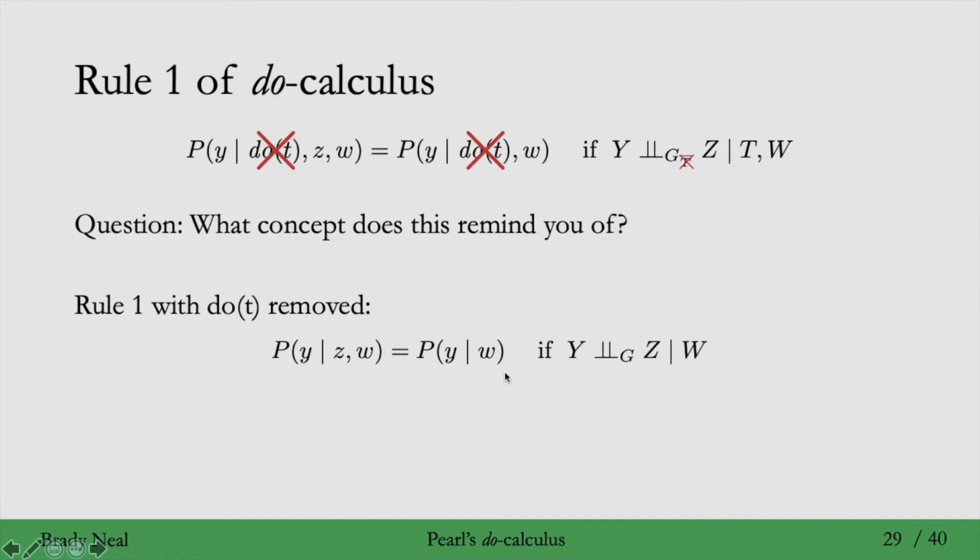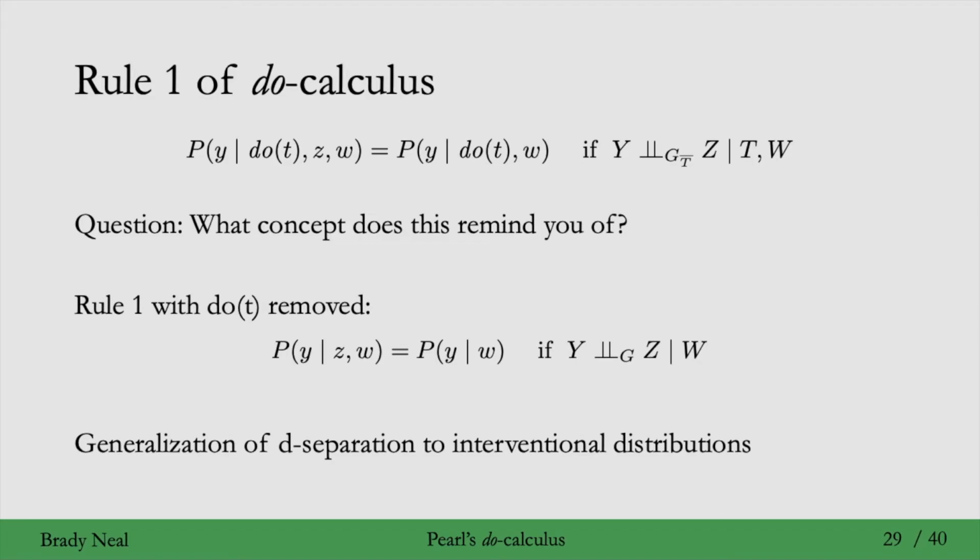It implies conditional independence in the distribution, given the Markov assumption. So rule 1 is just a generalization of d-separation to interventional distributions. If you get the intuition for why d-separation implies conditional independence, then you get the intuition for rule 1 of do calculus.